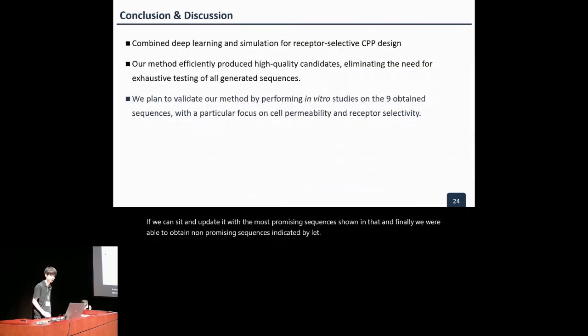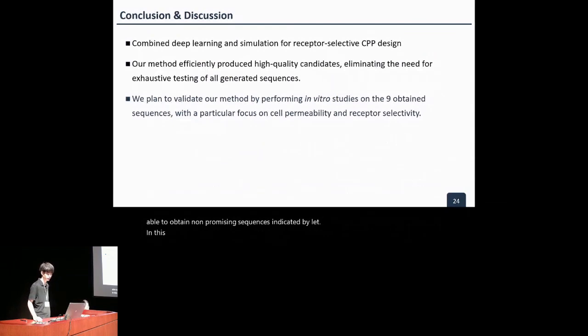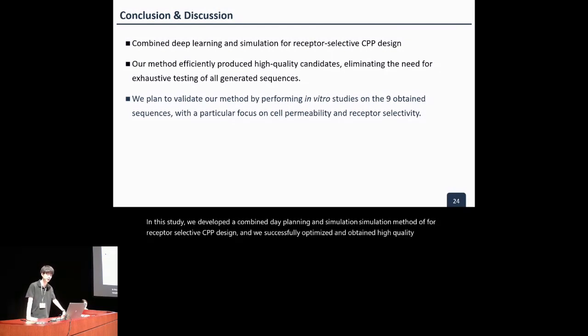In this study, we developed a combined deep learning and simulation method for receptor selective CPP design. We successfully optimized and obtained high-quality candidates without the need for exhaustive testing. We plan to validate our computational method.